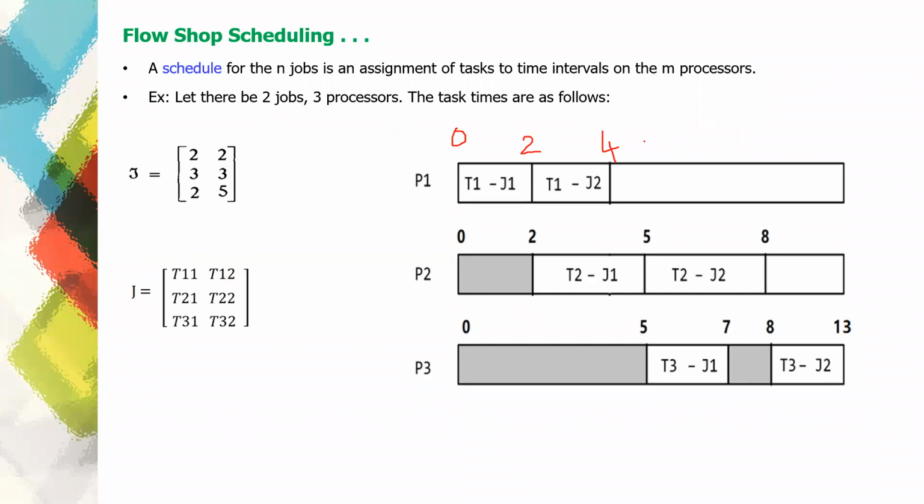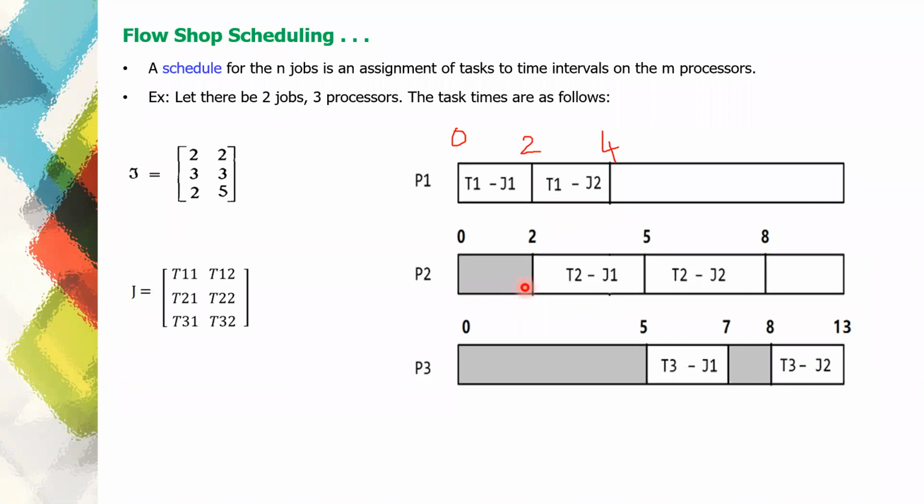Now, for the first 2 time units, processor 2 will be free. The gray shade shows the idle time for the processor. From the 0th time unit to the 2nd time unit, this processor is free, because it can start its execution only after task 1 is finished. So at least 2 time units, this processor has to wait.